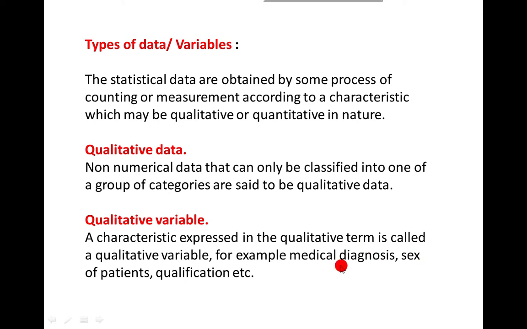Male, female is the data of this variable, sex of patient. Different medical diagnoses are the data of this variable, medical diagnosis. So from this you can conclude that if the variable is qualitative, the data will be qualitative.